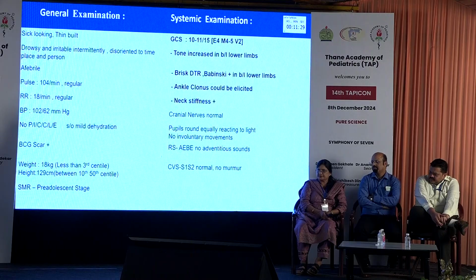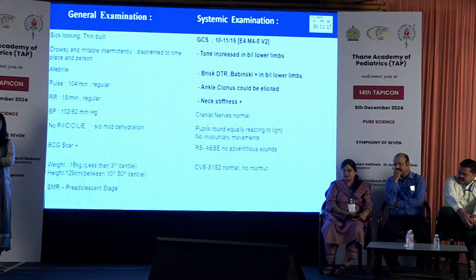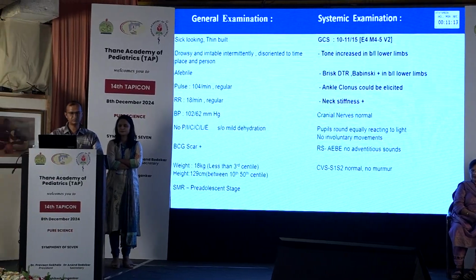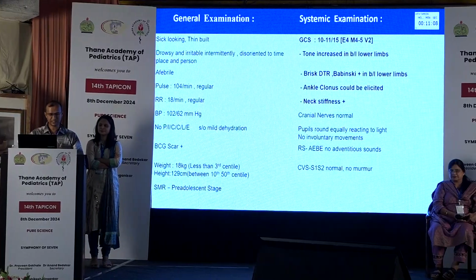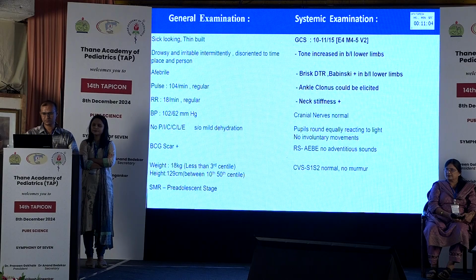On examination, she was sick looking, thin built, drowsy and irritable intermittently, disoriented. Pulse was 104 regular, respiratory rate 18 per minute regular, BP 102 by 62. There were signs suggestive of mild dehydration. BCG scar was there. Weight was less than 3rd percentile and height was normal. SMR was pre-adolescent stage.